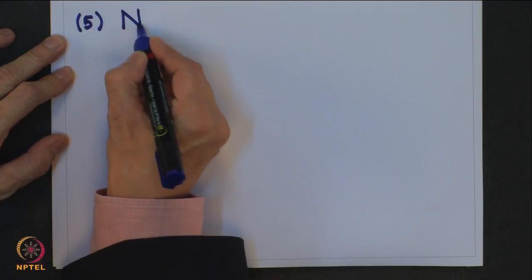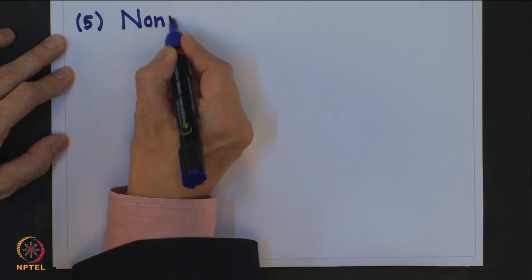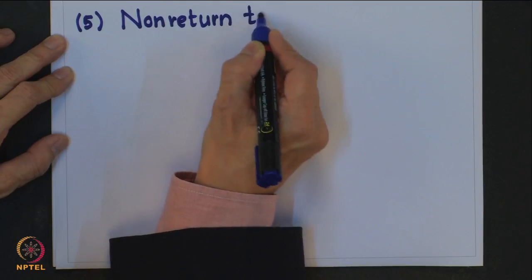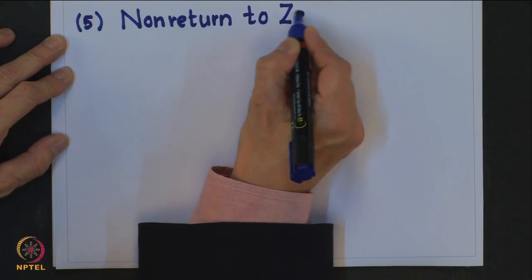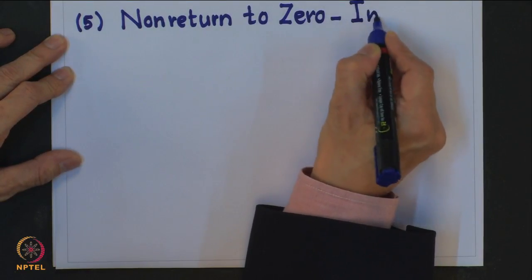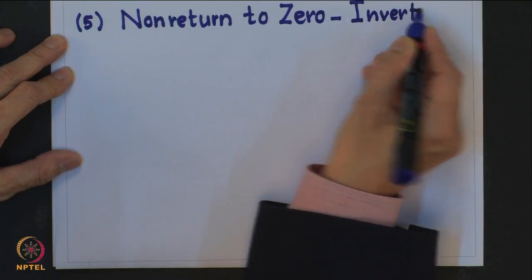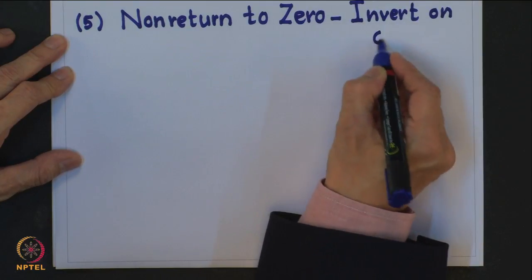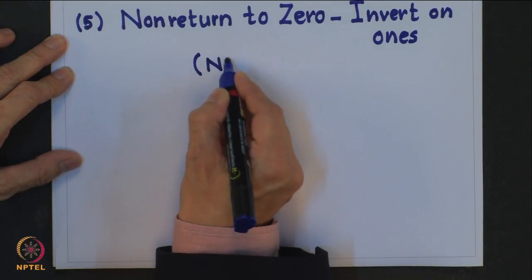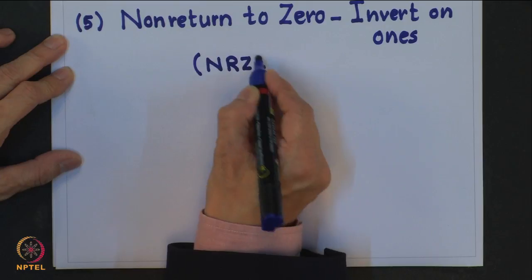There is another format which is known as non-return to zero, invert on ones, and this is known as NRZI.